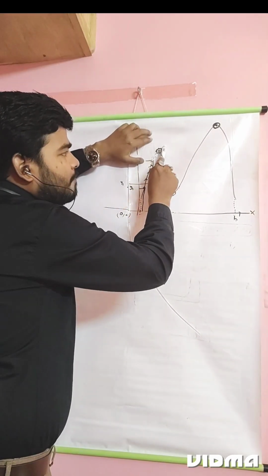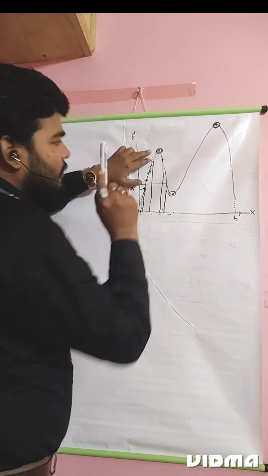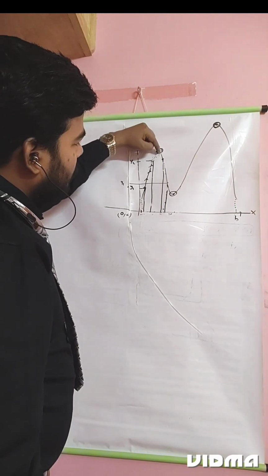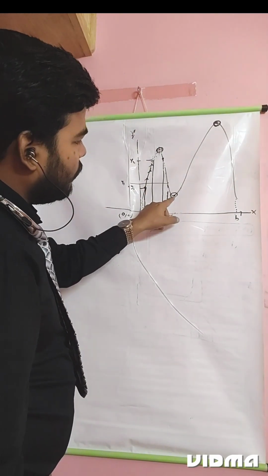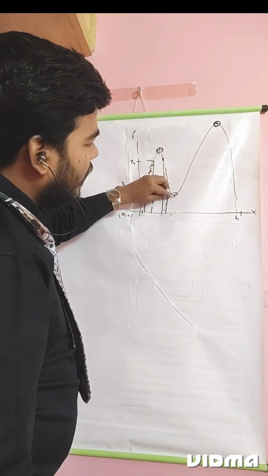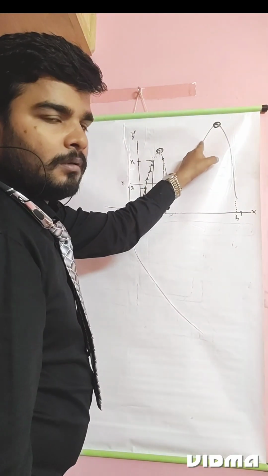So this is the maximum point between A and here this point C. And again from here the curve starts decreasing. Before this point the curve is decreasing continuously, and after that point the curve starts increasing.